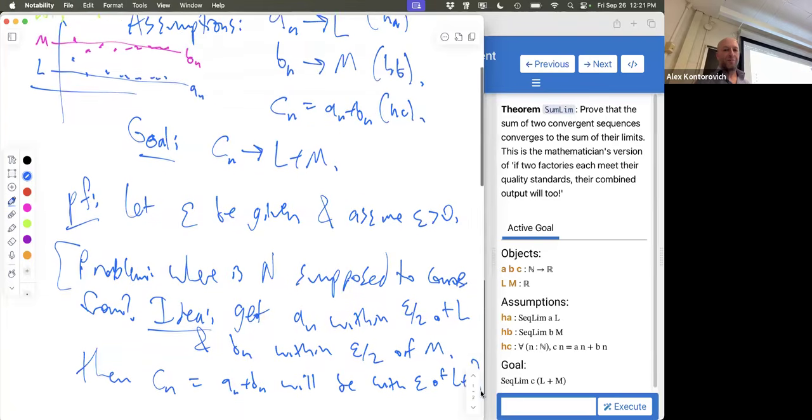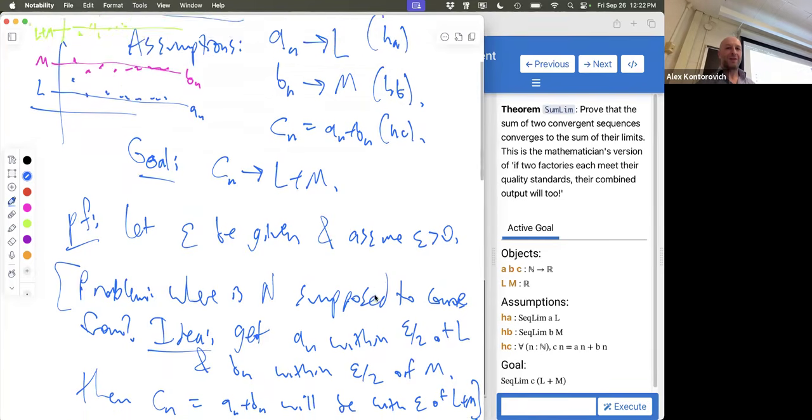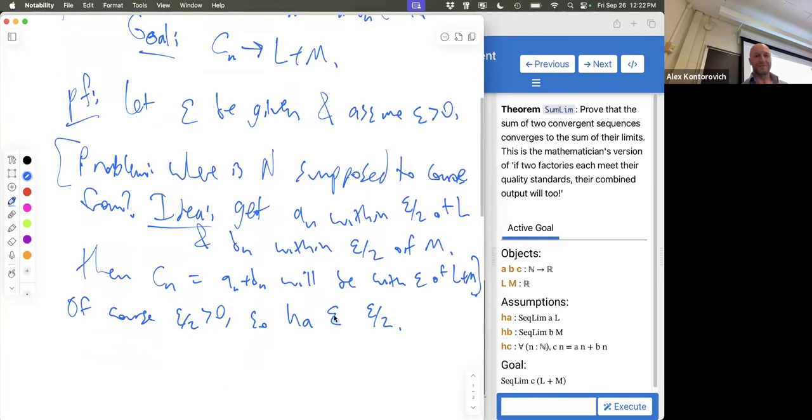So of course, epsilon over 2 is positive. So HA applied to epsilon over 2. I'm sort of mixing the formal and informal. So HA applied to epsilon over 2 says what?